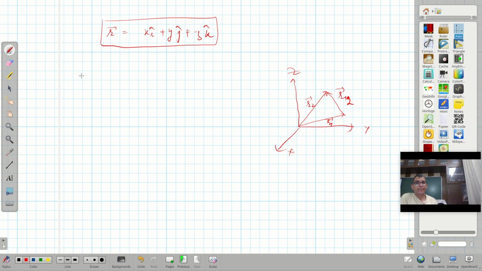Now if we have two particles, one at point A and another at point B, and this is the origin, then this point A is represented by x1, y1 and z1, and similarly point B is represented by x2, y2 and z2.